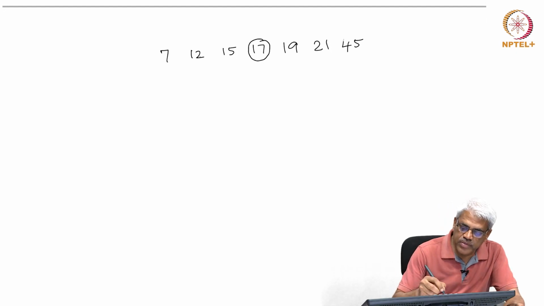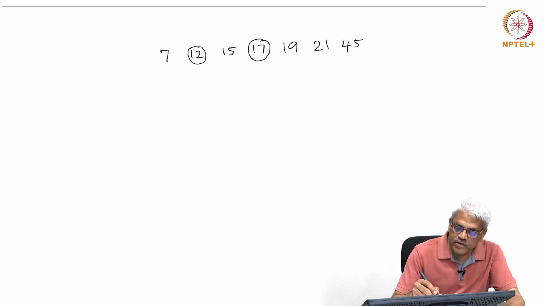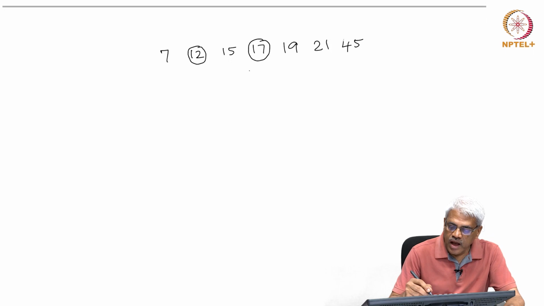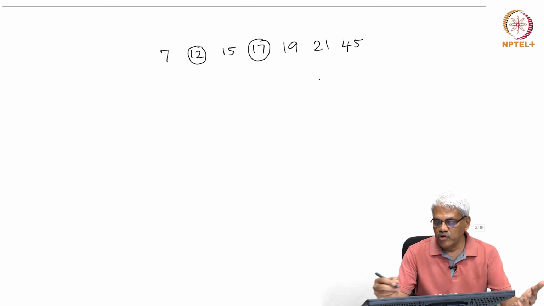So then I will compare it with the middle element of the left half, and 16 is bigger than 12, so I will look in the right part and compare it with 15, okay, and then I figure out that 16 is not there. But if I am looking for 23, then after comparing with 17, I will go to the right, compare it with the middle, which is 21, and go to the right and so on.